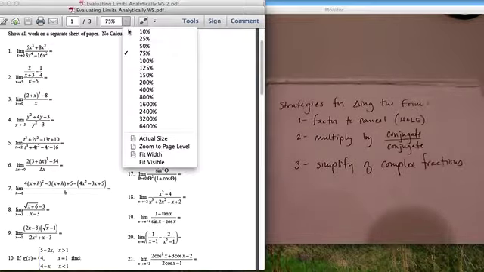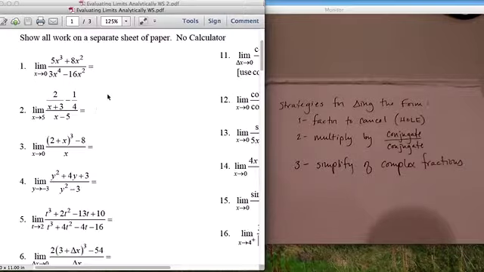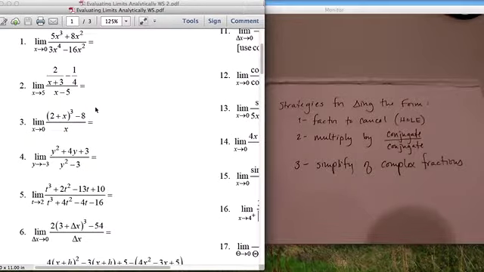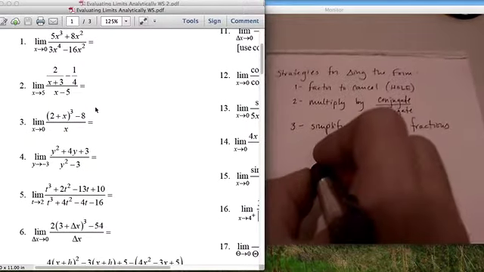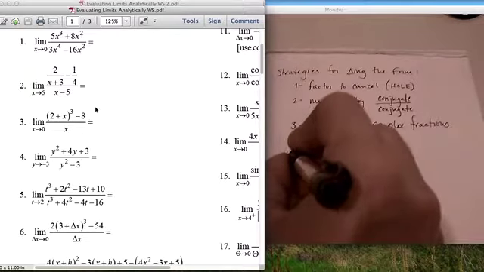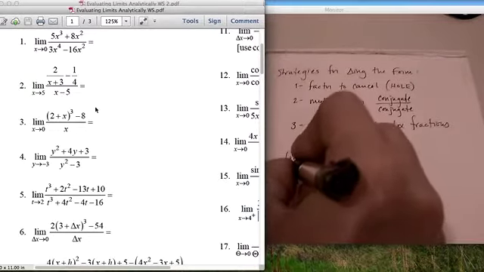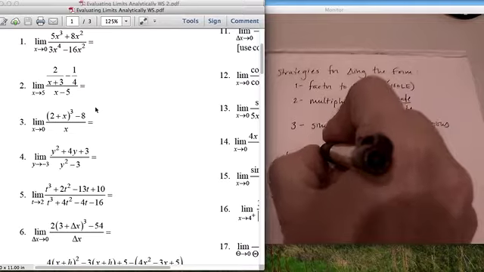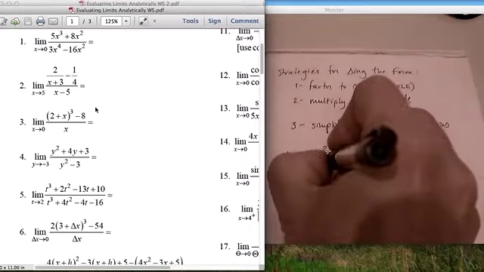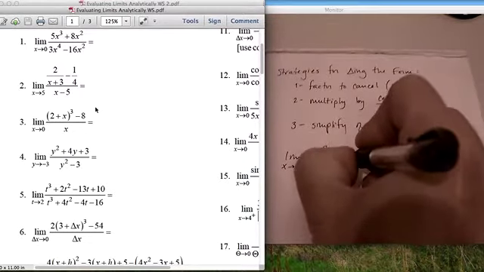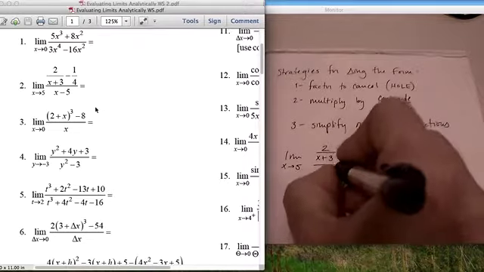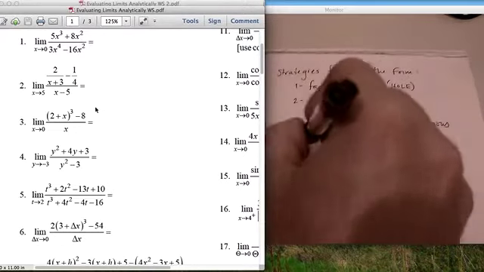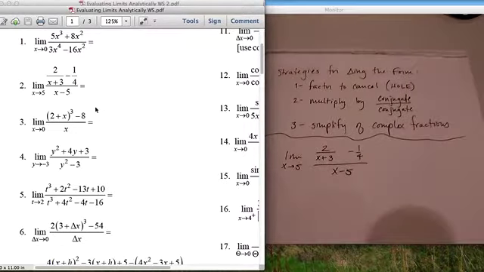I'll blow this up a little bit. Number 2 is the limit as x approaches 5 of 2 over x plus 3 minus 1/4, all of that over x minus 5. Now how do we simplify complex fractions?